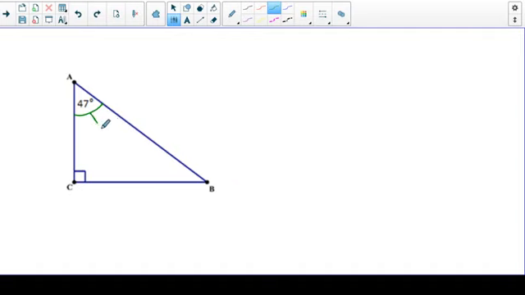The side that is directly across from the reference angle that this is pointing to, I'm going to call the opposite side, and I'll put an O for opposite. Your longest side, or if you can't tell what's the longest, look at what your square is pointing at. This was always your longest side. This is called the hypotenuse, and I'll put H for hypotenuse.